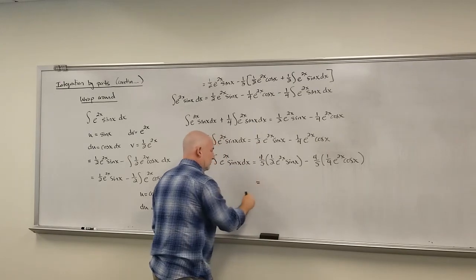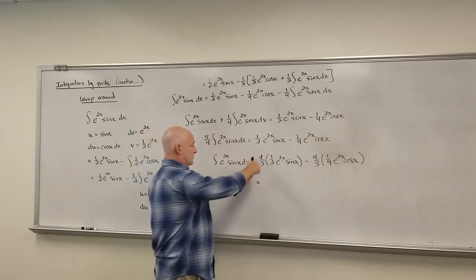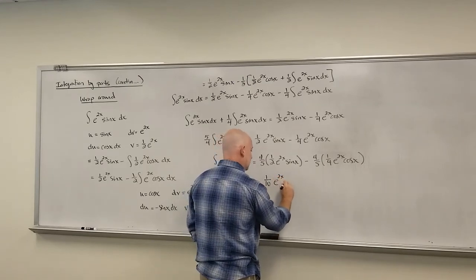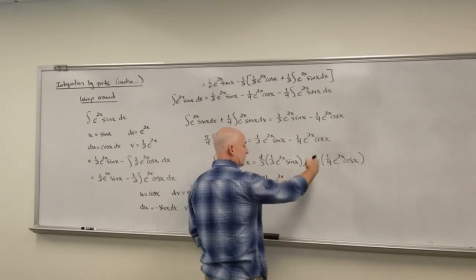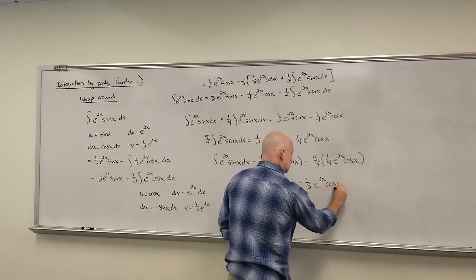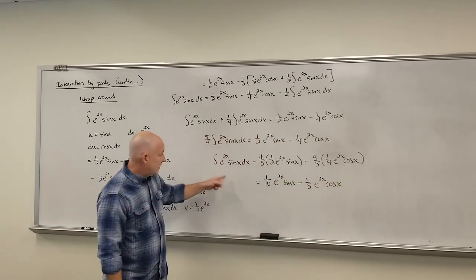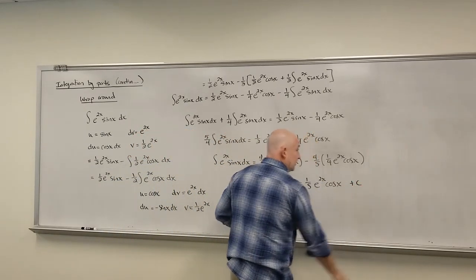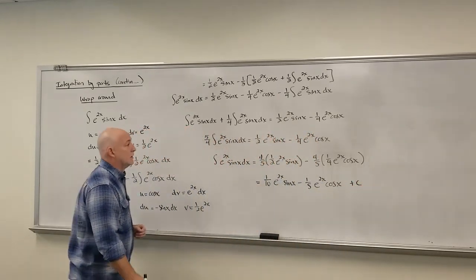And I'm just going to go ahead and be a little bit lazy here. So what's this going to cancel? That's 1/10 e to the 2x sine x minus, let's see, the 4's cancel, so 1/5 e to the 2x cosine x. So there you go, that's what our integral equals. Now that we're completely done integrating, let's go ahead and slap on our integration constant, and there we go.